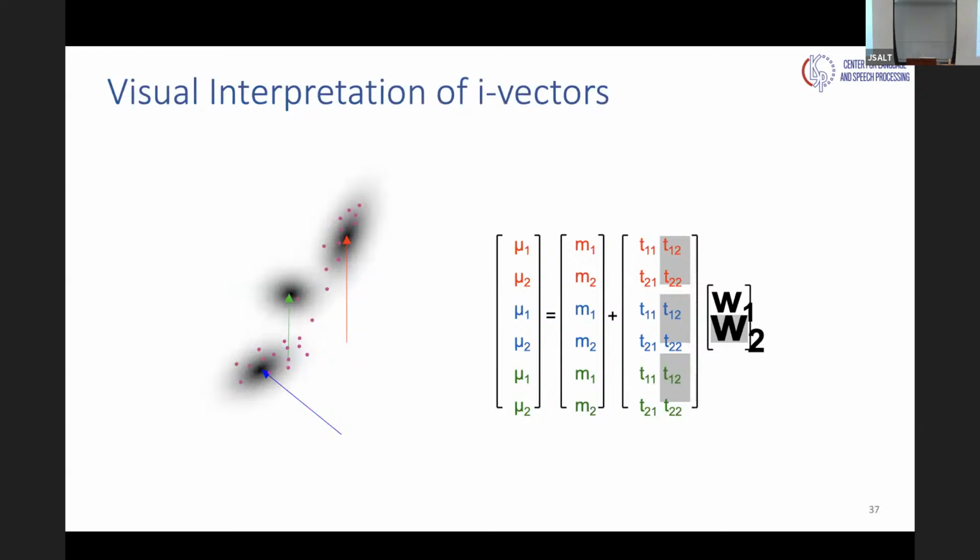So if you are in Gaussian 1, M1 will be these two values, and T1 will be these two rows, right?